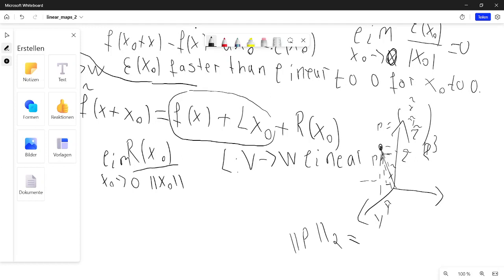So maybe you have also seen that this vector could also be denoted as p, right? And this length is of course just, by the theorem of Pythagoras, you can compute it yourself. This is really a simple computation. This is just x tilde squared plus y tilde squared plus z tilde squared, square root of that, right?